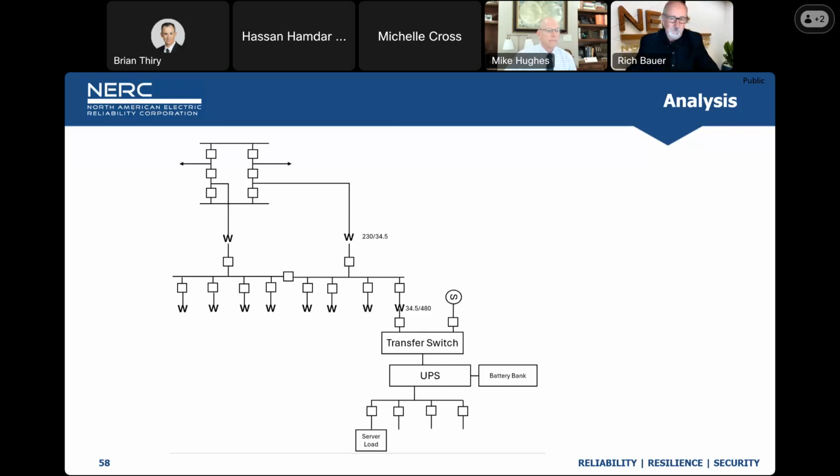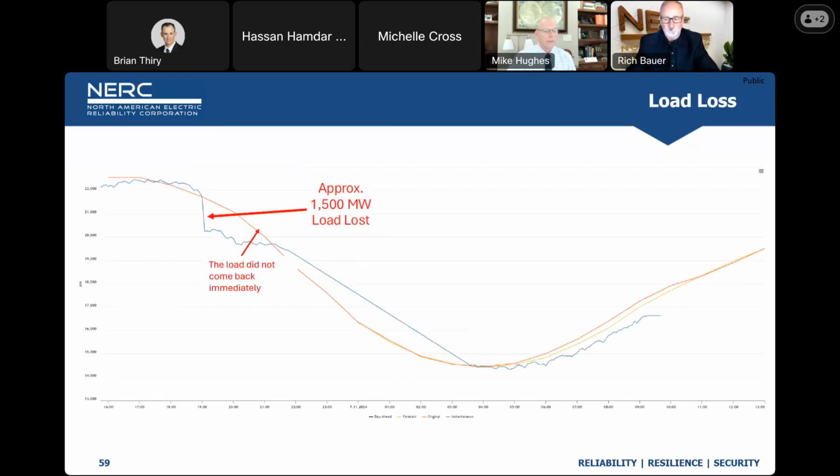So I think we can go to the next slide, Mike. What we see in the load chart from the RTO ISO, as Hassan mentioned, is that 1500 megawatt load loss, but then the load did not come back instantaneously.